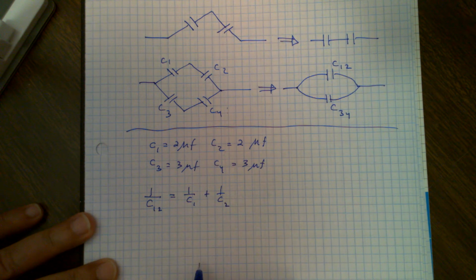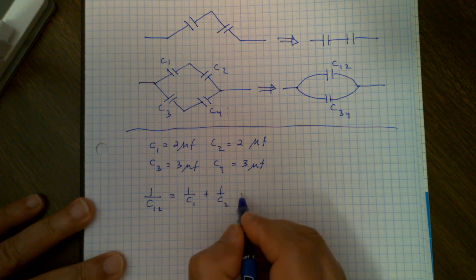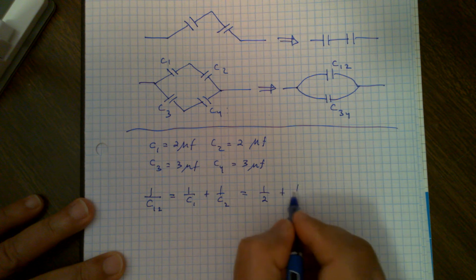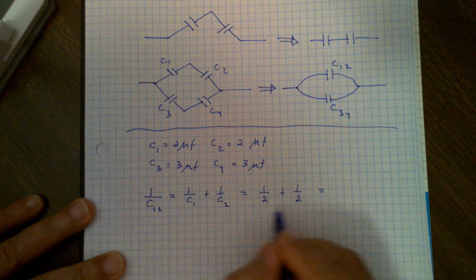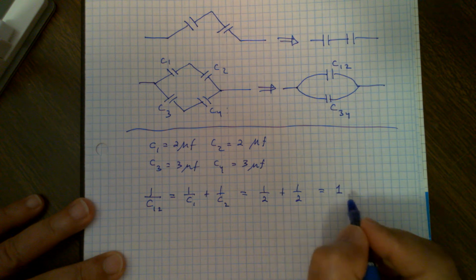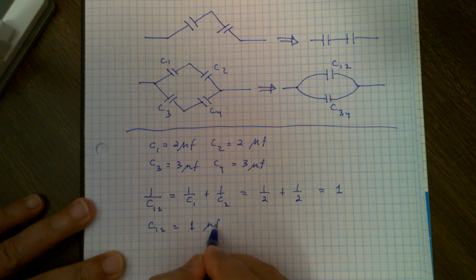That's what we had learned in lecture 19. And so C1 is 2 microfarad, C2 is 2 microfarad, so 1/2 plus 1/2 will be 1. So then C1,2 will be 1 microfarad.